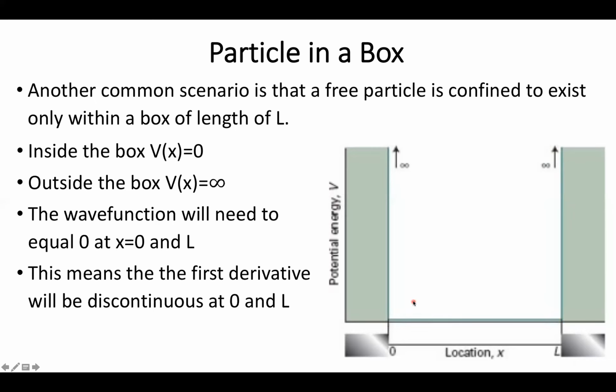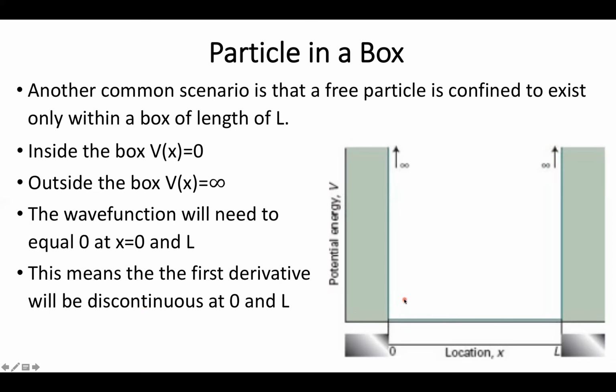However, it is worth noting that we are going to have a discontinuous first derivative, which means we're going to have a slope and then it goes to flat. So the first derivative will have a discontinuity, which is typically forbidden, but it is worth noting that the technical requirement of a continuous first derivative applies only in regions where the potential is non-infinite.